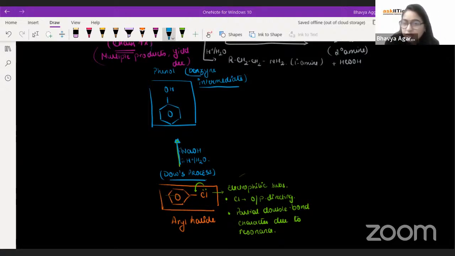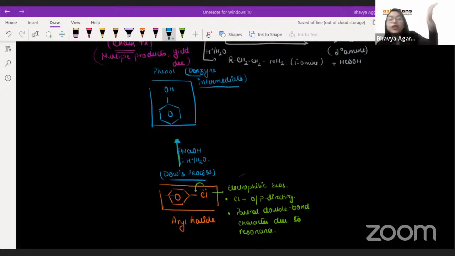Vigorous conditions. Dow's process requires a lot of pressure and high temperature, indeed. You require almost 623 Kelvin temperature and 300 atmosphere pressure.